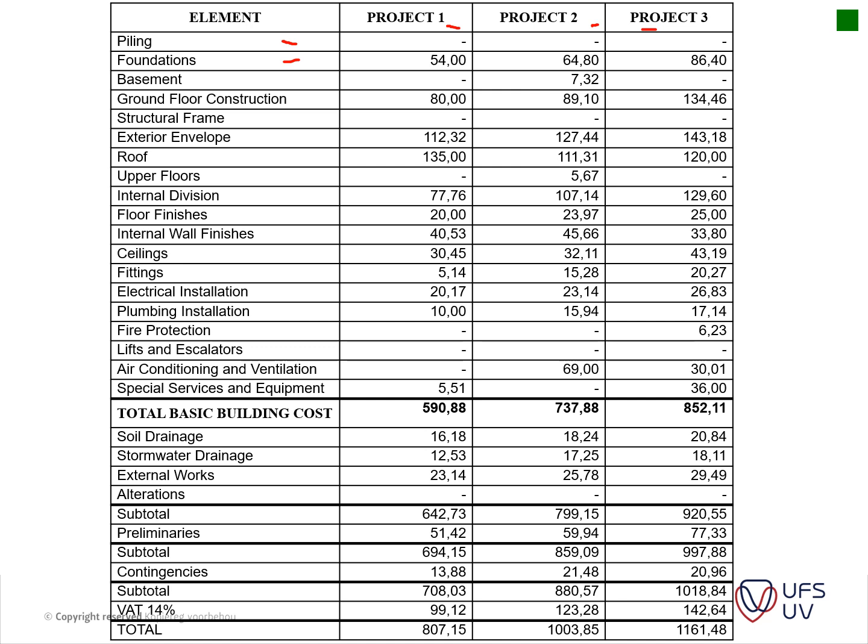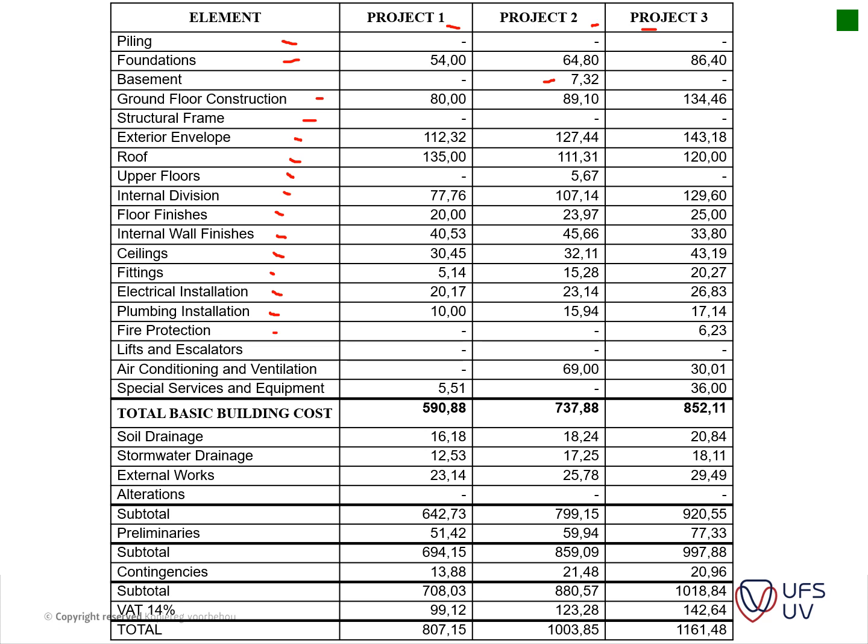Okay, one had a basement. You can see you had a ground floor structural frame. There was no structural frame. You had an exterior envelope, roof, upper floors, internal divisions, floor finishes, internal walls, ceilings, fittings, electrical work, plumbing.